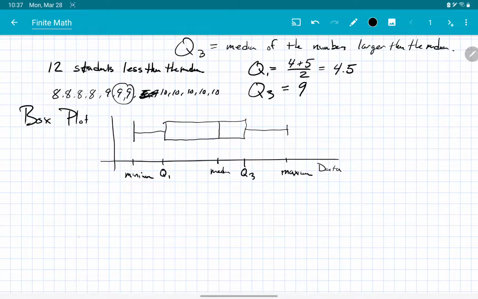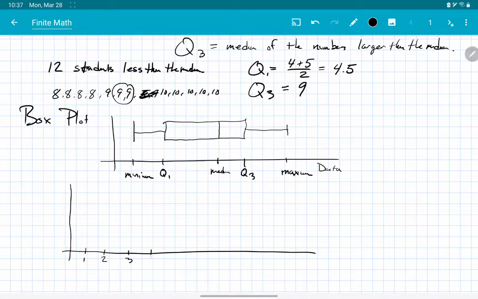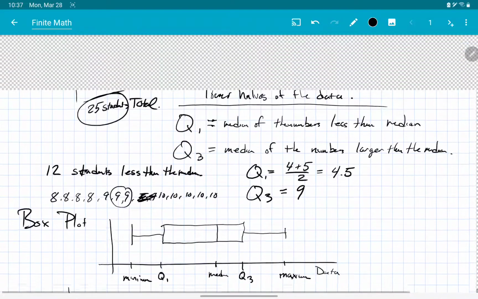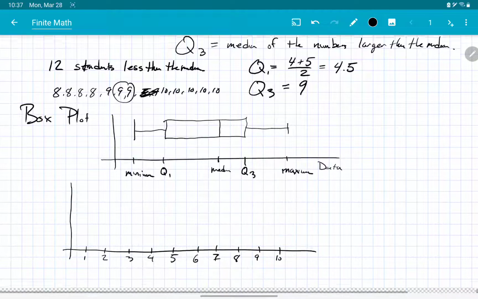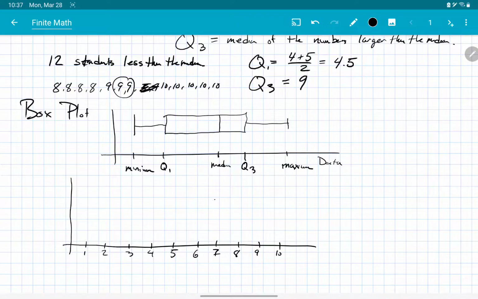So let's draw the box plot for the test scores that we had here. So let's see, we have 1, 2, 3, 4, 5, 6, 7, 8, 9, 10. The median we already calculated, right? The median was 7. So there's a line there. Q3 was 9.